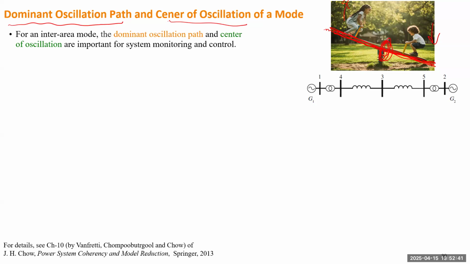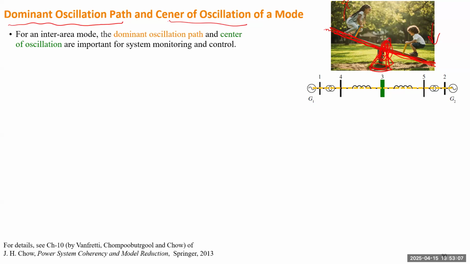That's called the oscillation path. So what is the oscillation center? The center is really this fixed point. So we can borrow a similar idea to identify the path and the center for the oscillation. For this system, it's very likely this entire transmission will be the path, and the middle point will be the center.